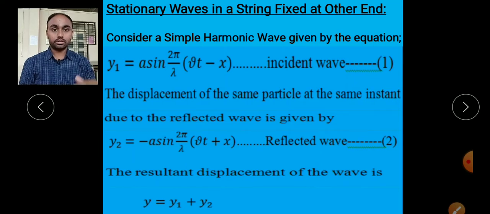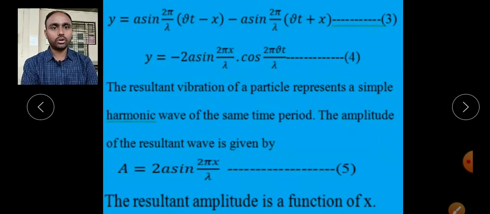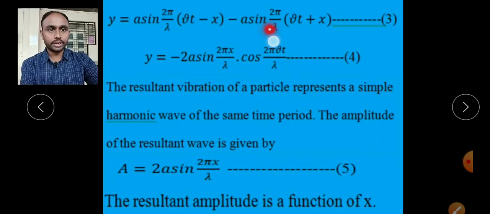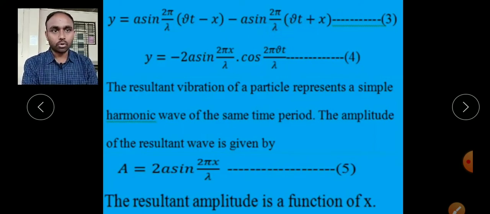The resultant displacement is simply y1 plus y2. Equation 1 is y1 and equation 2 is y2. Substituting the values, y is equal to a sin 2 pi by lambda (Vt minus x) minus a sin 2 pi by lambda (Vt plus x), equation 3.